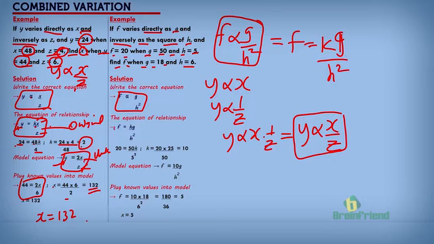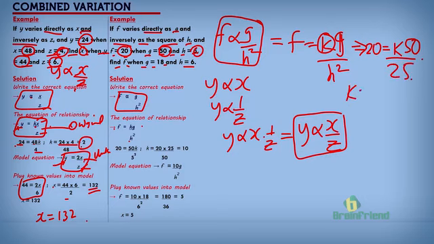Now, if we plug in known values, we can find what our k value is. F has been given to us as 20. K is our unknown. G is 50, so we have 50k. And h is 5, so we have 5 squared, which is 25.